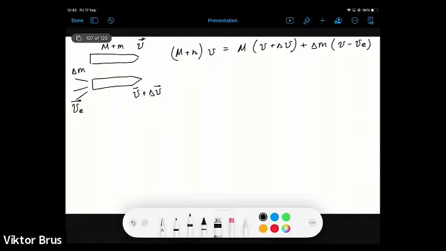Now let us open this parenthesis. So it will be m times v plus mv equal to mv plus m delta v plus delta m v minus delta m ve.